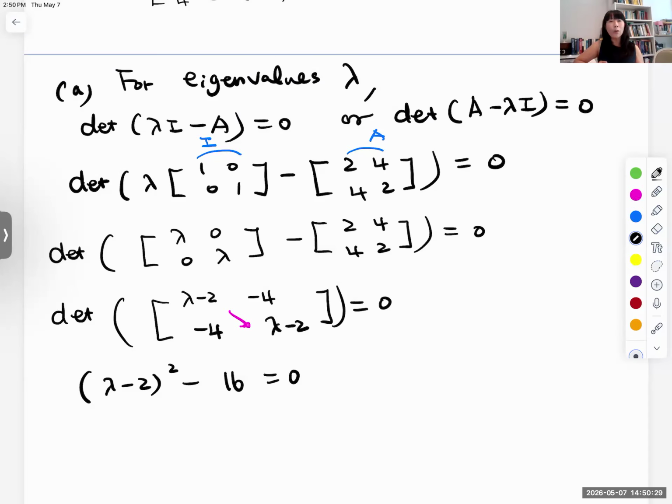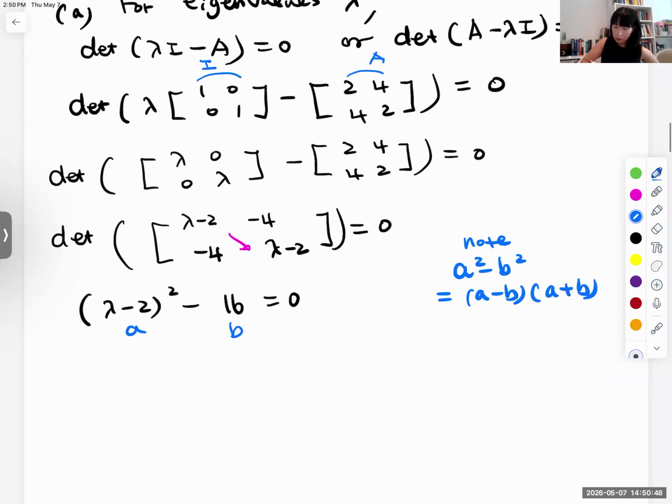Okay, then we can recognize the formula, which is a squared minus b squared, that is (a minus b)(a plus b), right? So that will be a, this is b, right? So that will be, no, this is square, better.